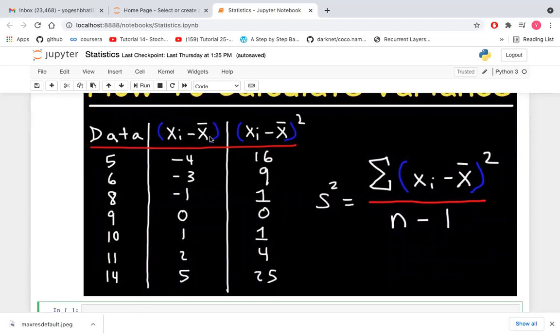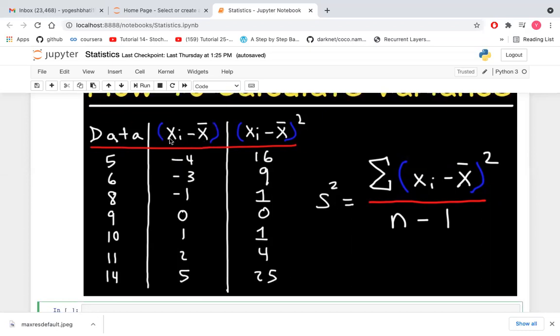First we have to calculate x bar and then x minus x bar. So x minus x bar: 5 minus the mean is minus 4, 6 minus mean is minus 3, 8 minus mean is minus 1, 9 minus 9 is 0, 10 minus 9 is 1, 11 minus 9 is 2, 14 minus 9 is 5. The mean of this data, x bar, is 9.